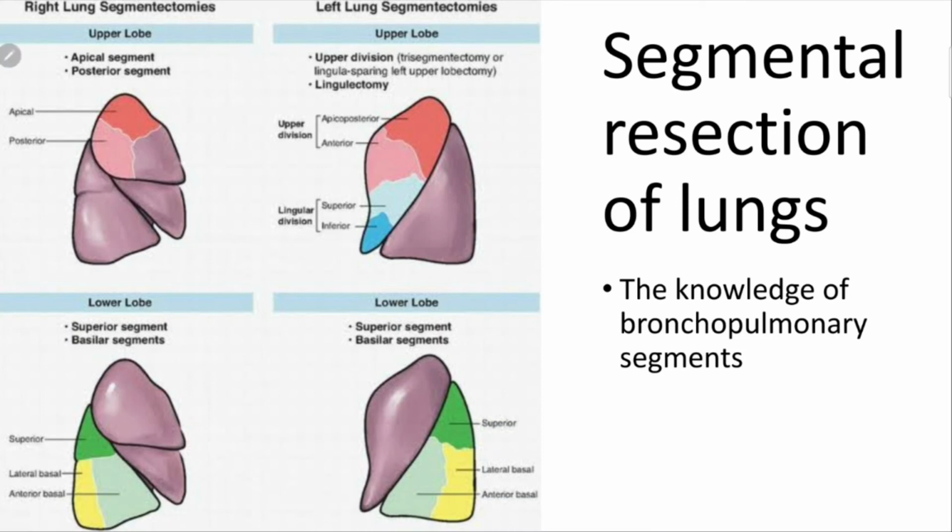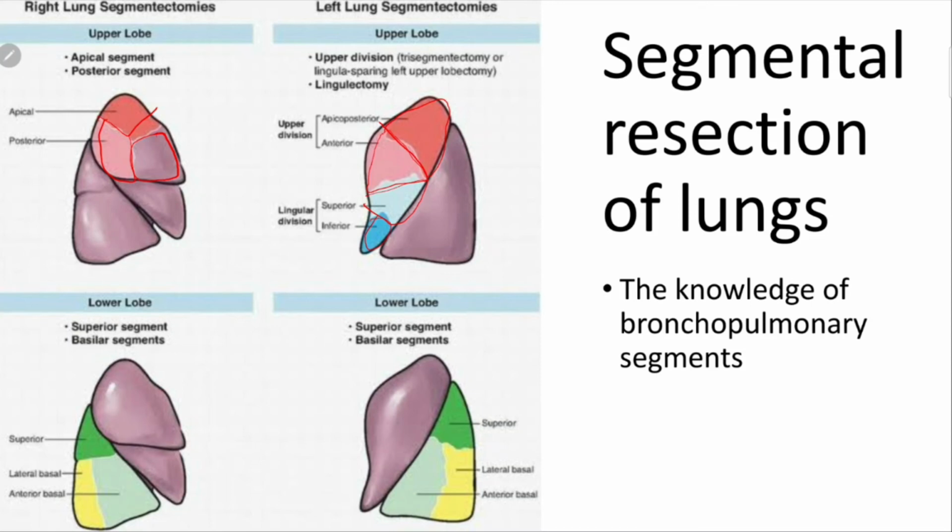Since each segment of these lungs, of these parts, is an independent functional unit having its own bronchovascular supply, and potential planes of separation exist between the segments.